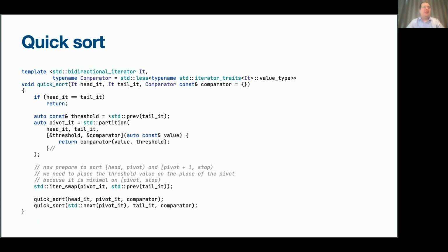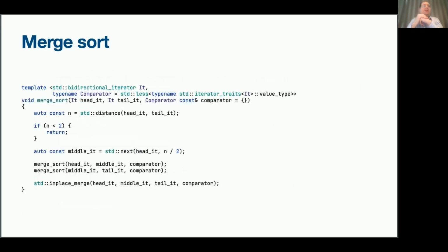I just remind you of the basic traits of the implementation we are going to compare and talk about later. So let's move on to merge sort. It's very similar, and I would say a simple implementation. Here we also have C++20 features for iterators. We are going to use a bidirectional iterator.